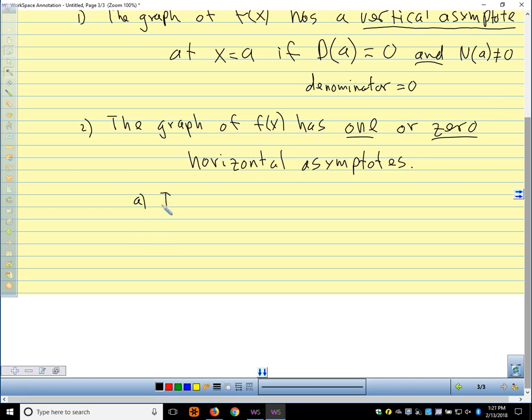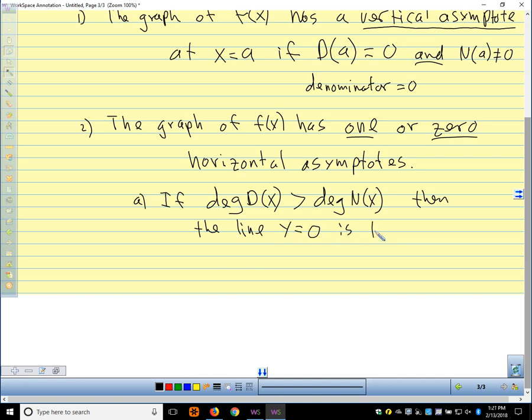If the degree of the denominator is bigger than the degree of the numerator, so the denominator is bigger, say a seventh degree power in the denominator and 2nd degree power in the numerator, then the line y equals 0 is the horizontal asymptote.